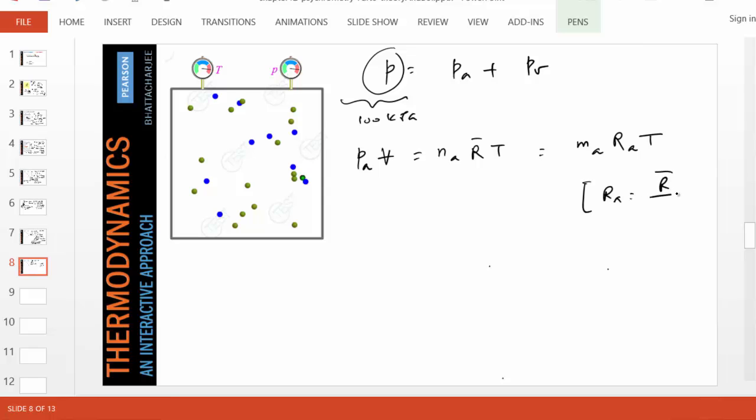R bar over M bar. And we can write for the vapor the same ideal gas equation, mass of vapor times R of vapor times T, and R of vapor equals R bar over molar mass of vapor.